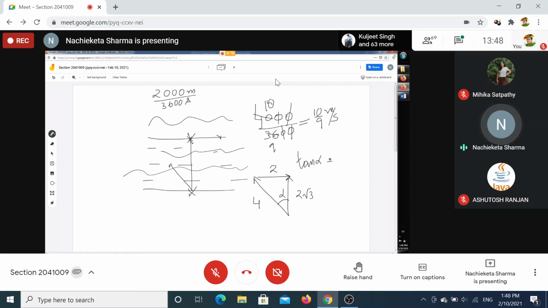What is the perpendicular? It is 2. And what is the base? It is 2 root 3. So 2 by 2 root 3 is 1 by root 3. So tan alpha is equal to 1 by root 3. That is the value of tan 30 degree. So alpha is equal to 30 degree. So this angle is equal to 30 degree.